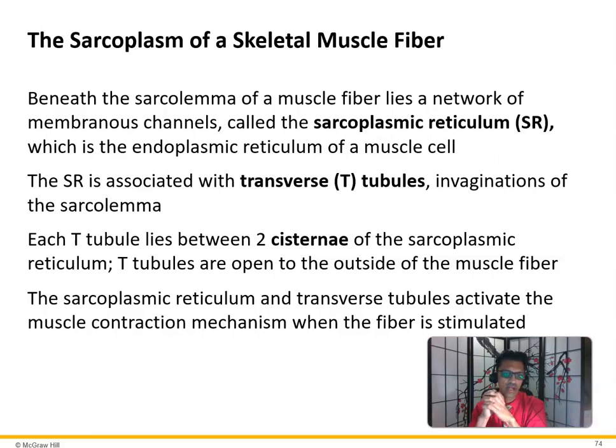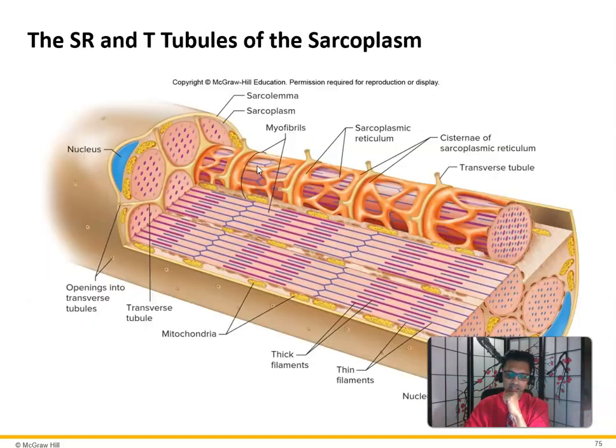Each T-tubule lies within and between 2 cisternae of the sarcoplasmic reticulum. T-tubules are open to the outside of the muscle fiber. The sarcoplasmic reticulum and transverse tubules activate the muscle contraction mechanism when the fiber is stimulated. And I'll talk about sending a nerve impulse, acetylcholine, and then releasing calcium in just a second.